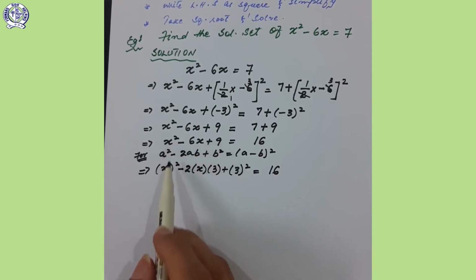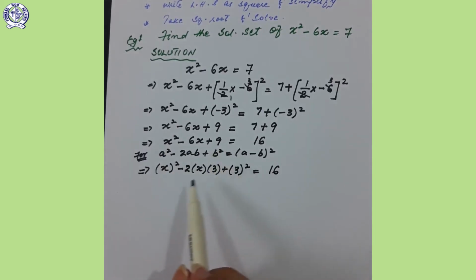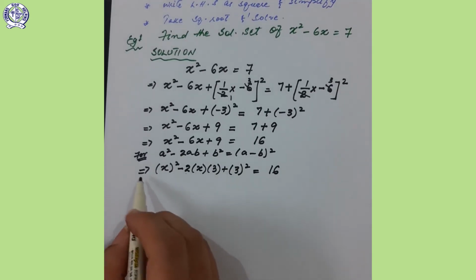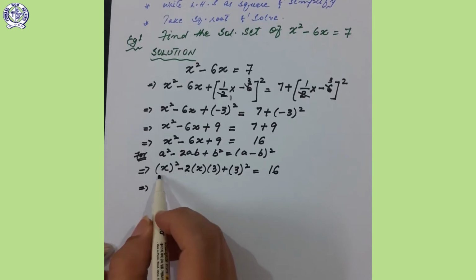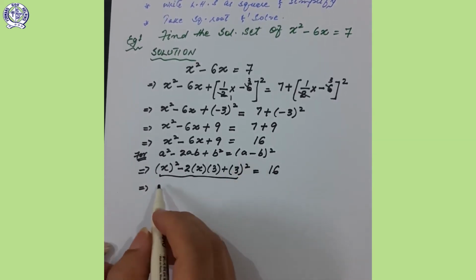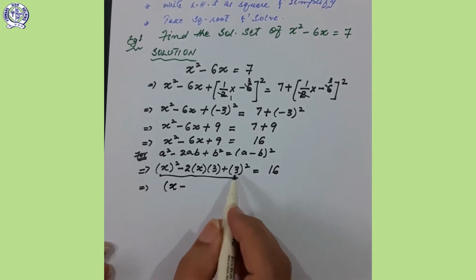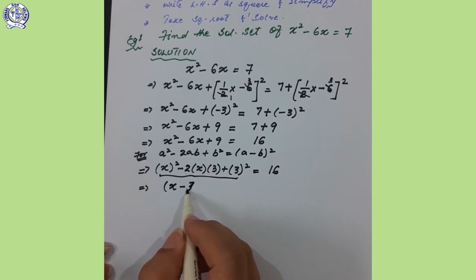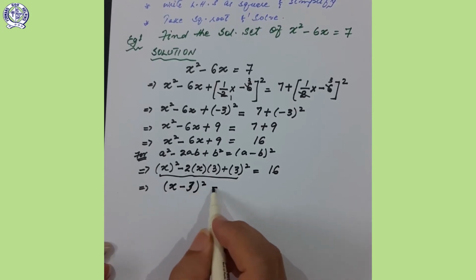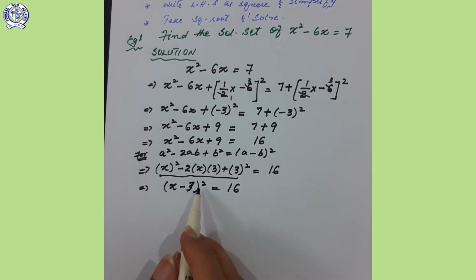Root of x square is x, root of 9 is 3, and this is 2ab. And this whole thing equals a minus b the whole square. Here a is x and b is 3, so x minus 3 the whole square equals to 16.